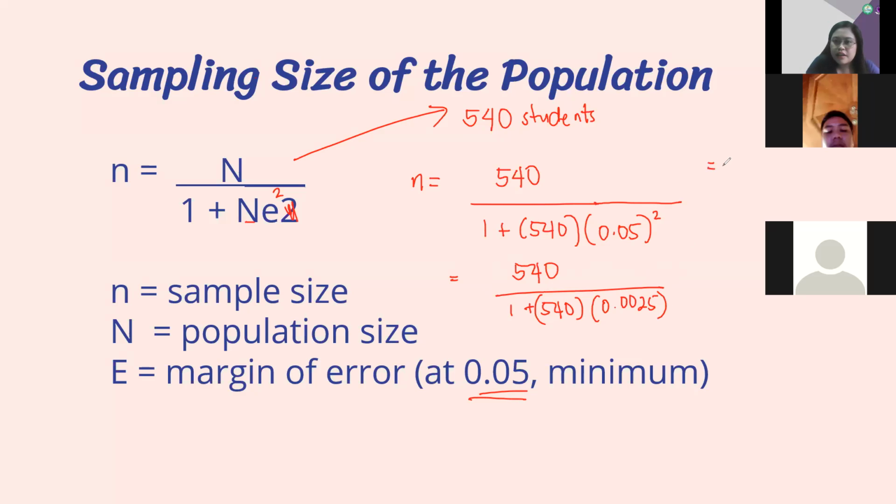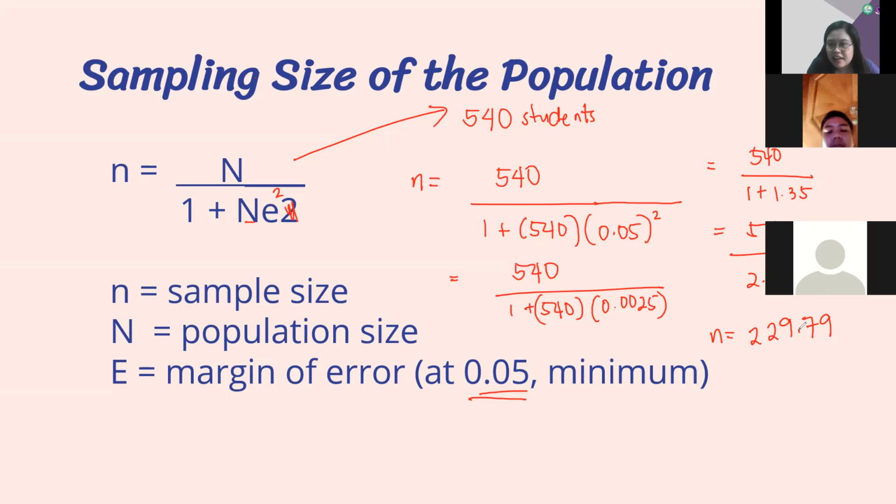Let's continue here. 540 times 0.0025 is 1.35. Step by step, Jude. So this is 2.35. And our sample size here is, wait a moment, 540 divided by 2.35. The answer is actually 229.79.